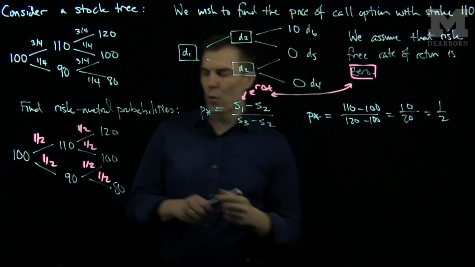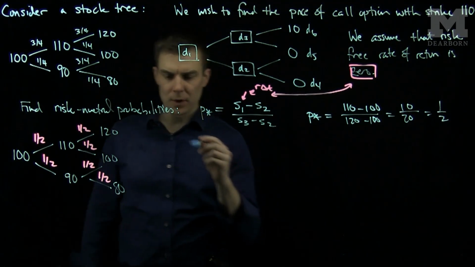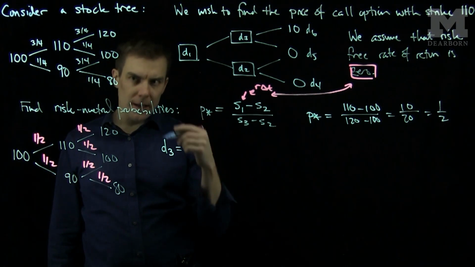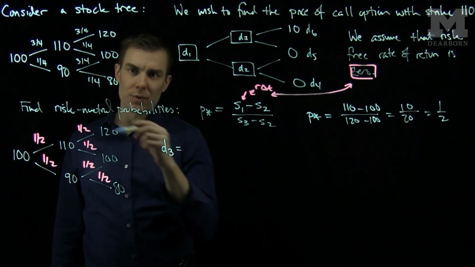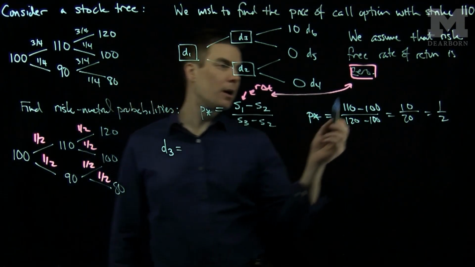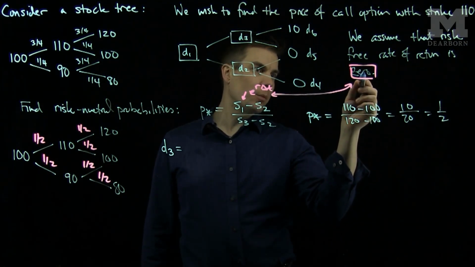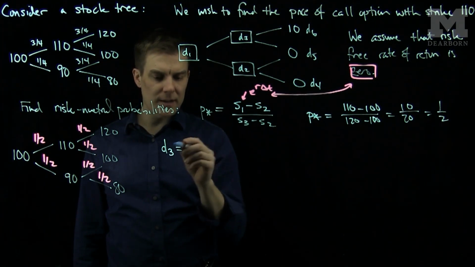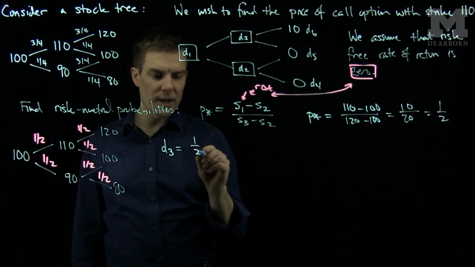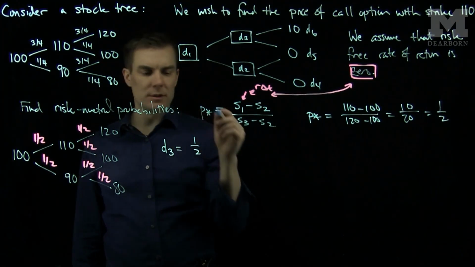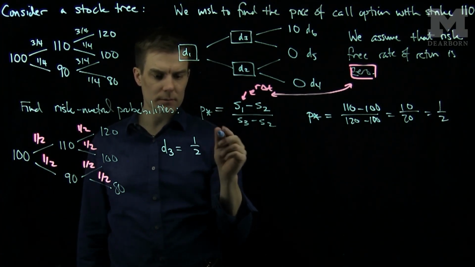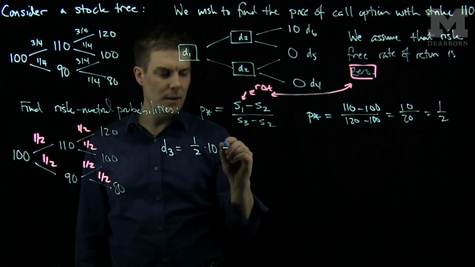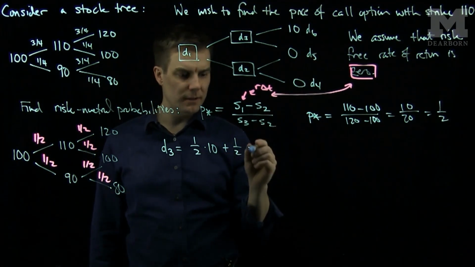Now, we can compute D2 and D3. D3 will be the discounted expectation with respect to the risk-neutral probability, but our discount factor will be 1, since I'm assuming there's a rate of return of 0. And so D3 is 1/2 of D6, and D6 is 10, plus 1/2 of D5, which is 0.